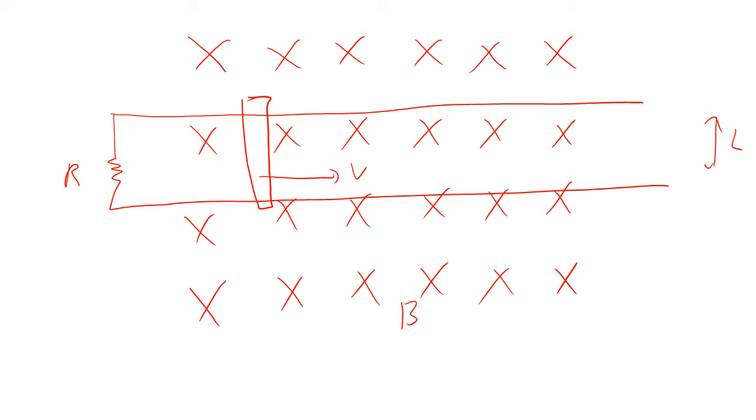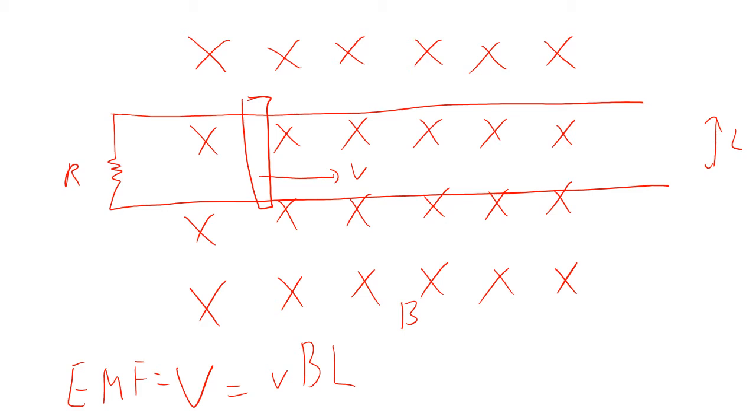And so what we know is, for this particular configuration, there's going to be an EMF in there. And the EMF, that's our voltage, is going to be equal to vBL, where little v is the velocity.